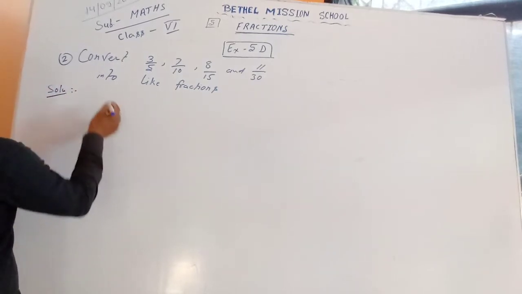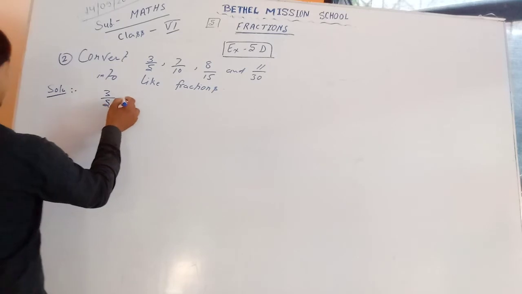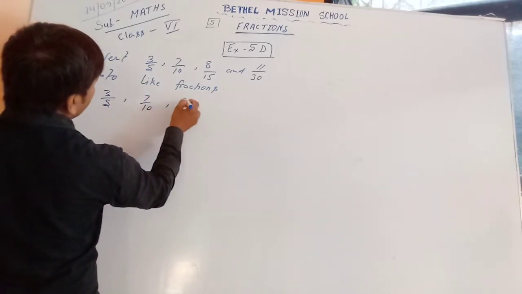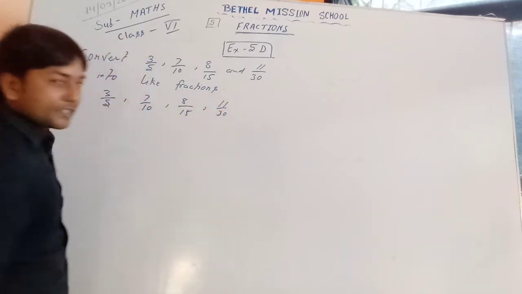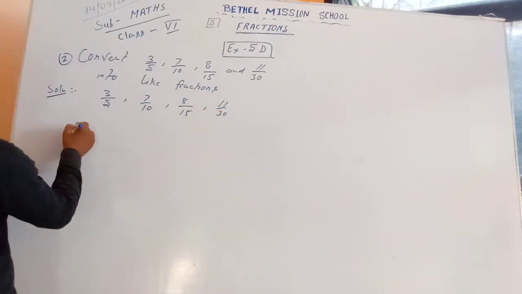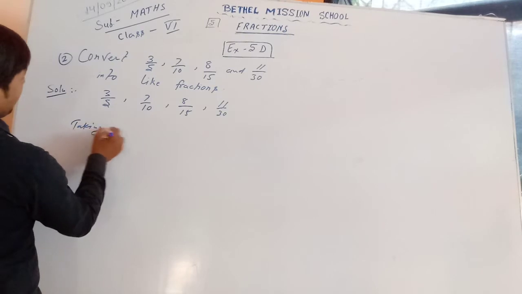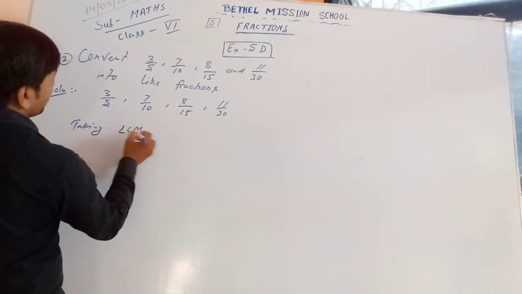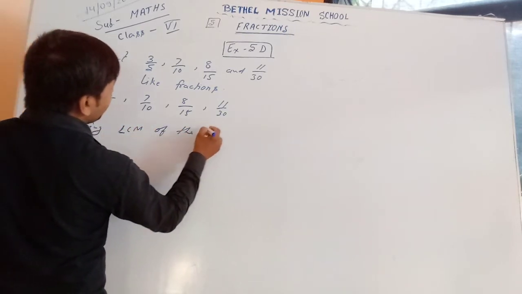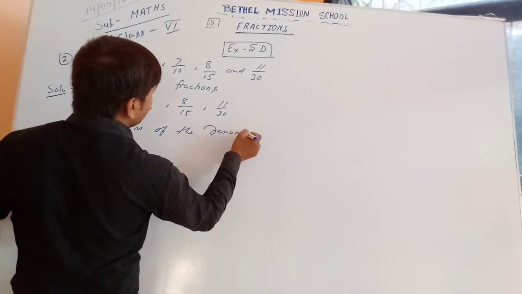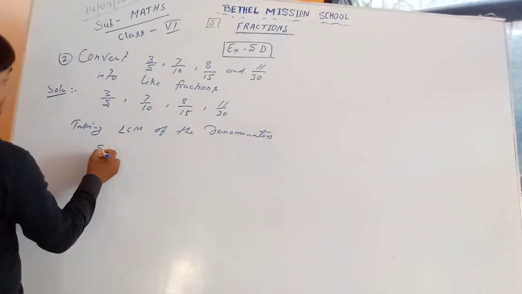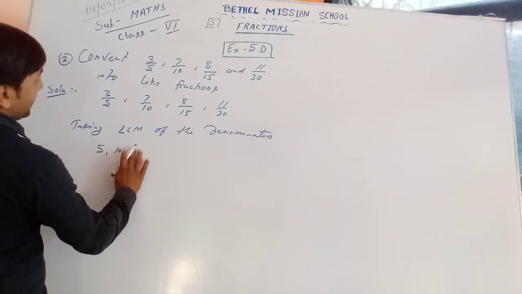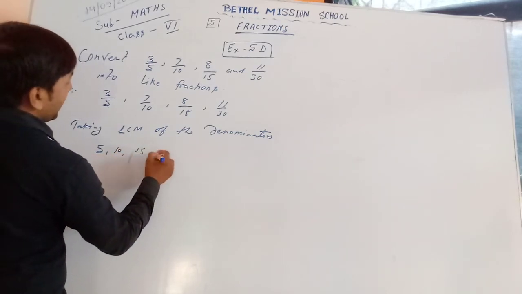First write the fractions, and all are unlike. So first take the LCM of the denominators. All the denominators are 5, 10, 15 and 30.